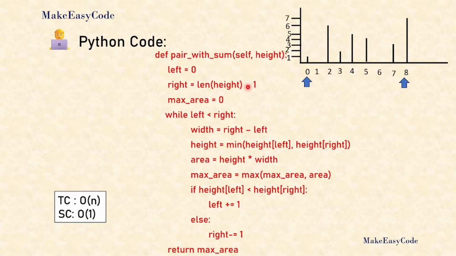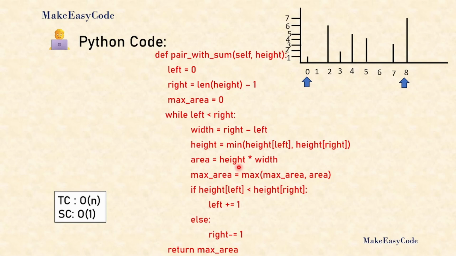The variable max area will store the best answer we found. Here we run a loop while the left pointer is less than the right pointer. Inside the loop, we first calculate width, the distance between the two pointers, height, the smaller height between these two lines, and area, that is width times height.